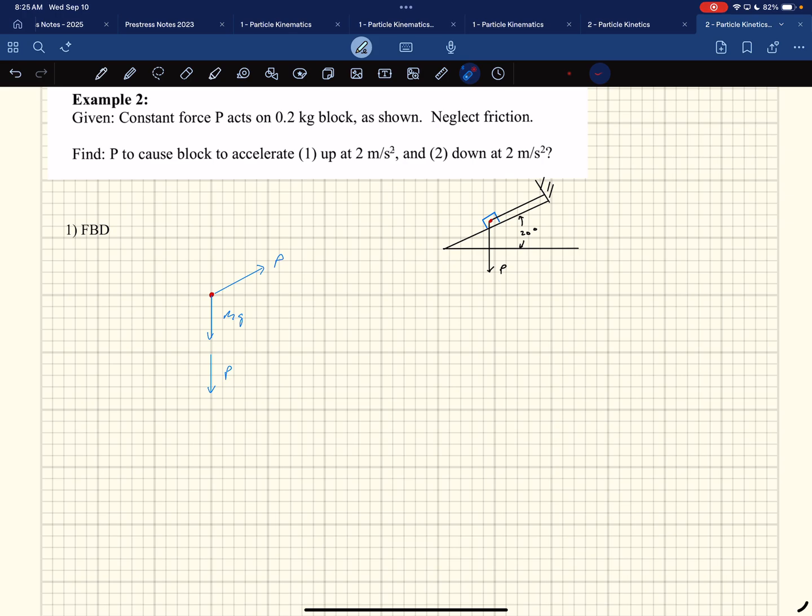That isn't continuous P across, but when it's a frictionless pulley going around that corner, that's going to be the same P. That cable will be pulling both directions. What else? We got one more. Normal force, acting like that. So there's all my forces, and that's all my supports and forces acting on this object right now.